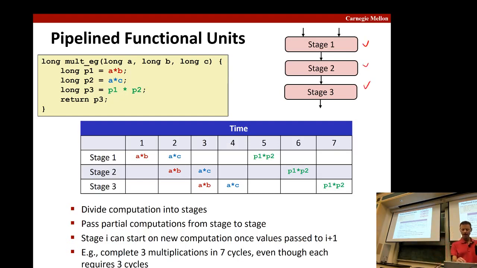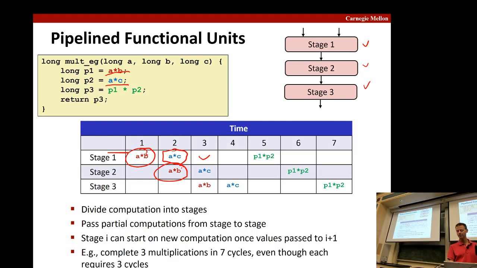And if you have something like this code here where you're multiplying A times B and A times C, then you can get A times B into stage 1 of your multiplier, and then when it moves on to stage 2, you actually can start up A times C, right? And so forth. So these two things can happen in lockstep. If you had A times D, you could have started here, and you could get this nice, perfect pipeline, right? So while the latency of a multiplication would still be three cycles, because of the 3 stages, the throughput could be 1, because you'd be starting a new multiplication every single cycle.